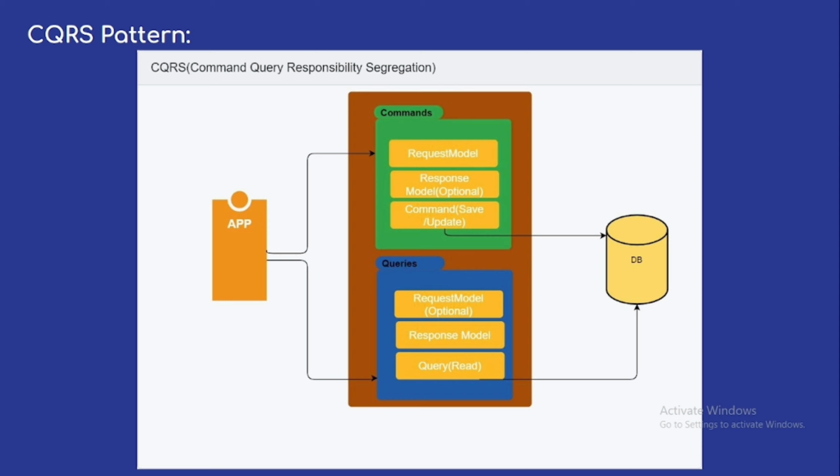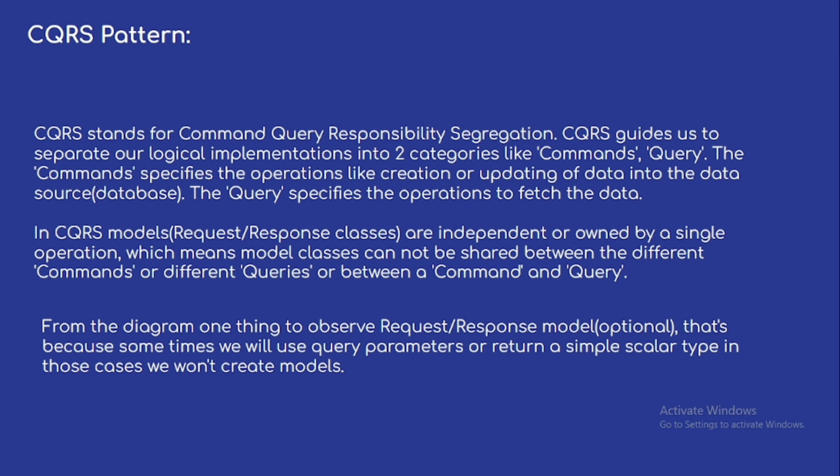For suppose I'm having products and orders. So orders will have its own request model, products will have its own request model. One model cannot be shared with another feature. So independent, owned by single operation, which means model classes cannot be shared between the commands.